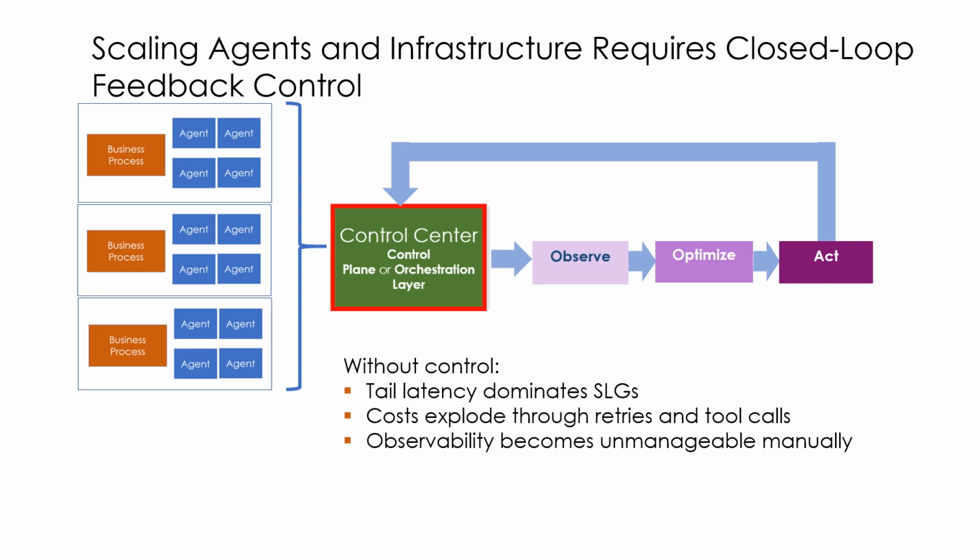The manual governance of this environment becomes impossible. So the only viable approach is implementing closed-loop feedback control, which includes automation of observability, use of modeling optimization, and adjusting agentic configuration and workload management rules.